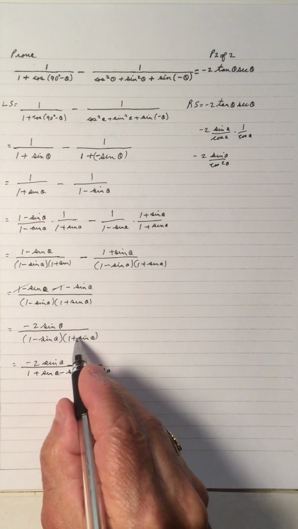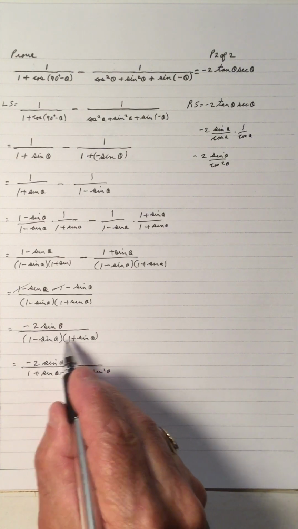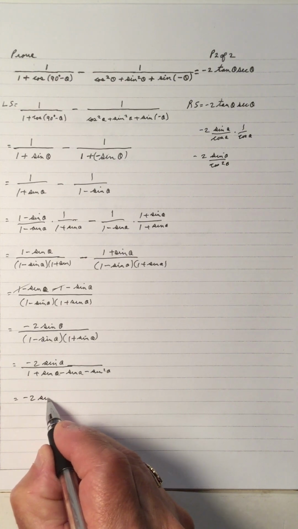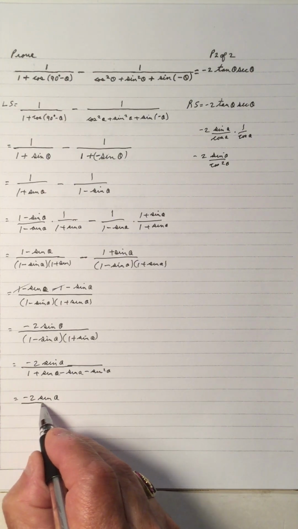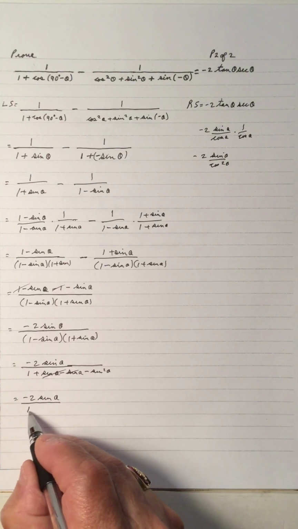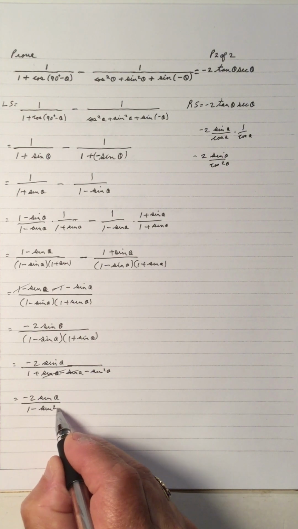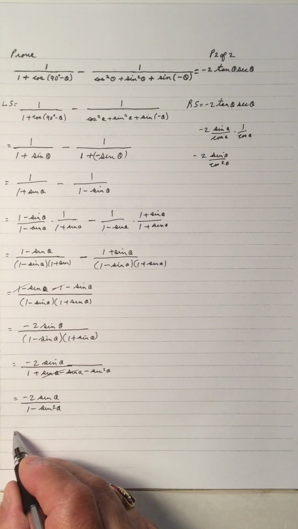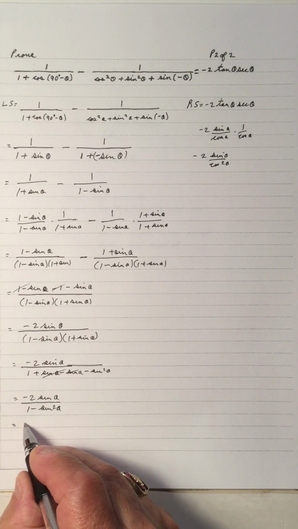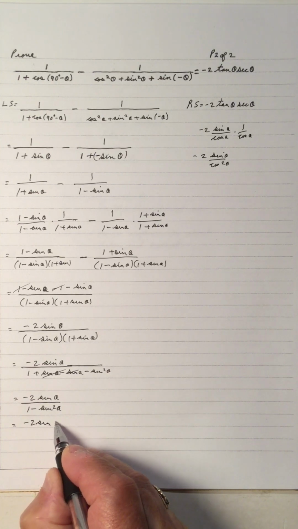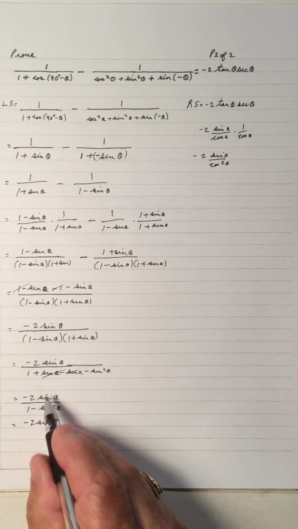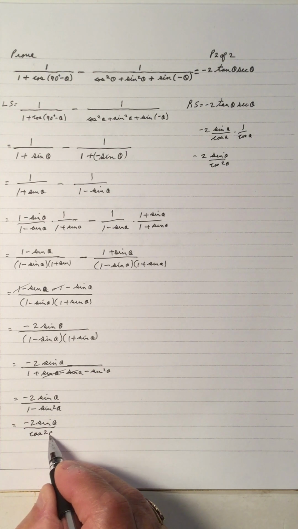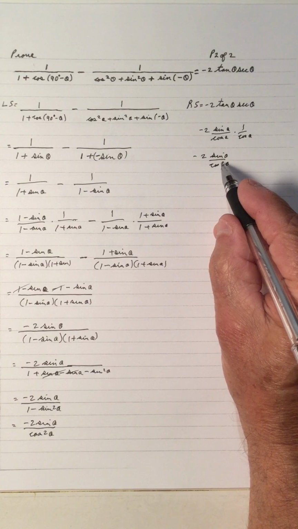I multiplied that by FOIL: first, outside, inside, last. They cancel. That's 1 minus sine squared theta. And we keep going. 1 minus sine squared becomes cos squared. And it looks like that.